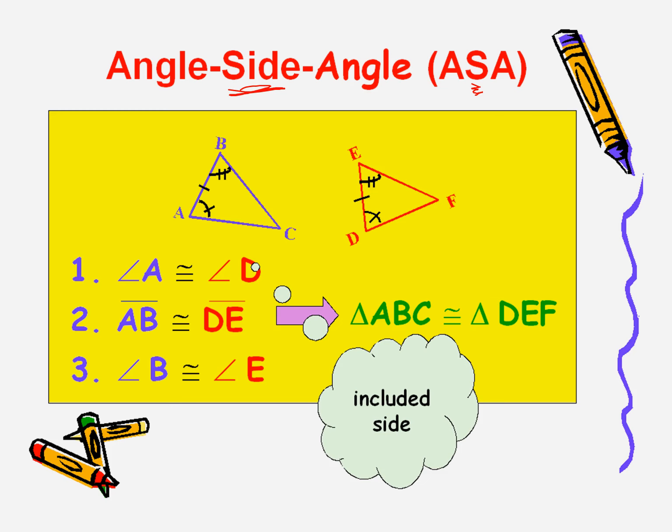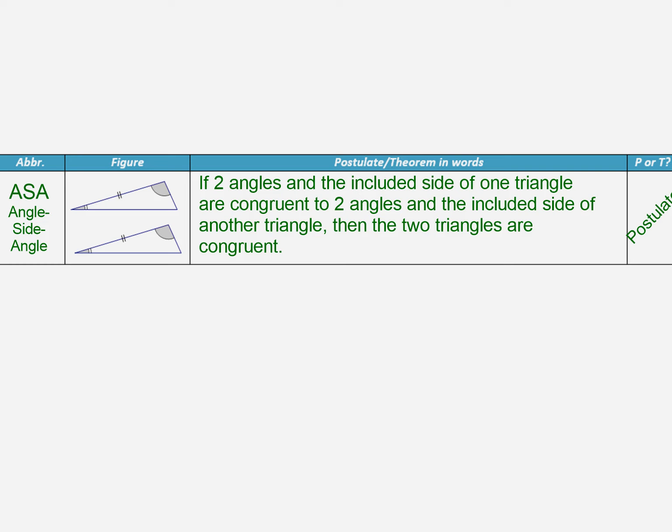This one is written ASA, or angle, side, angle. If two angles and the included side of one triangle are congruent to two angles and the included side of another triangle, then those two triangles are congruent. And again, that's a postulate.